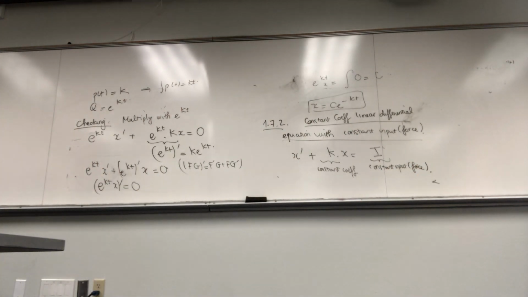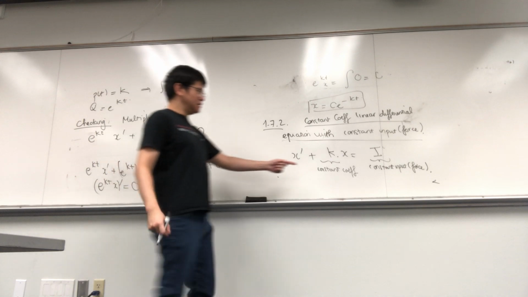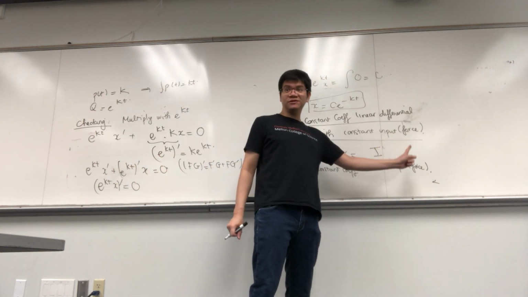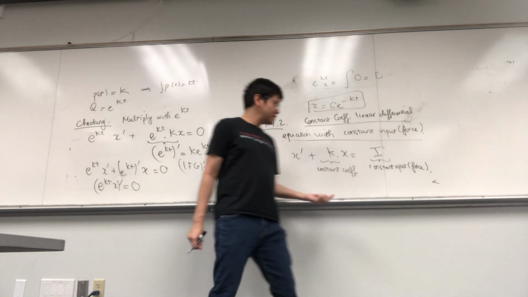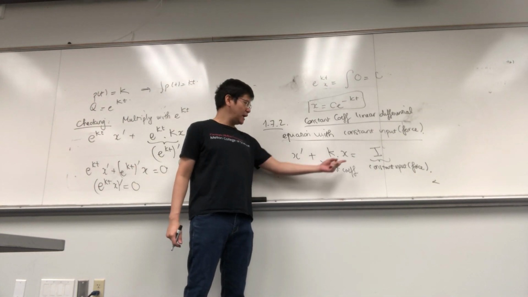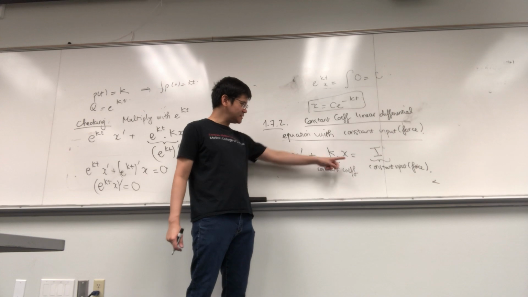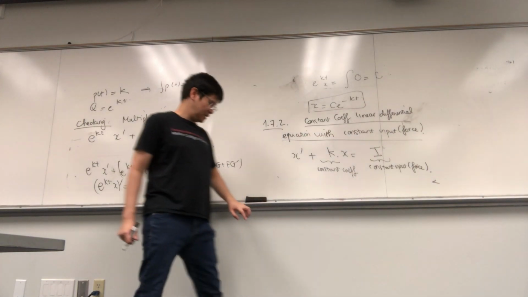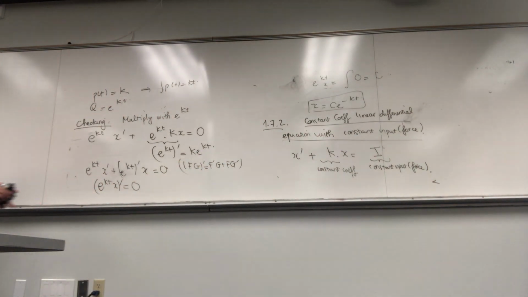This equation is a little bit more difficult because the input is not 0. But it's going to be the same because you have a constant coefficient, and so you have x prime plus kx is equal to this constant. Let us try to solve an example.